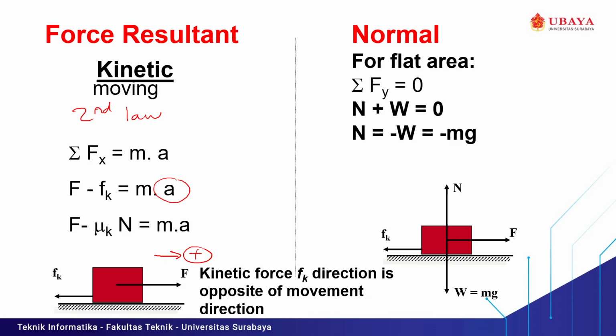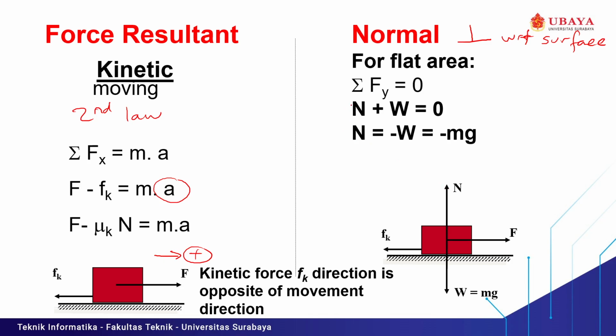At the right side, we observe the normal. Just remember that normal is always perpendicular to the surface. For a flat area, this is simple. The sum of the forces in the y direction equals 0, because in the y direction our object does not move.